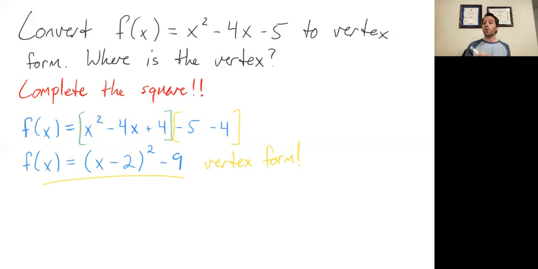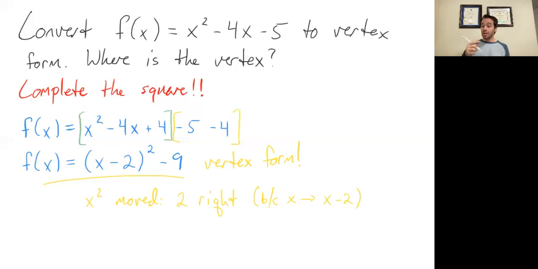And vertex form, think about parent functions. Vertex form is really just a transformed version of a normal old parabola. So x squared moved 2 to the right, and this is because x has been changed into x minus 2. Think about parent functions.